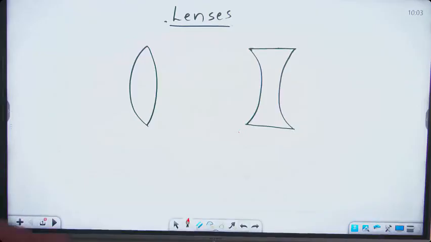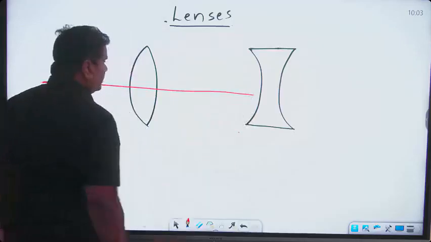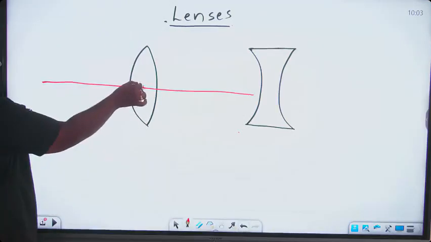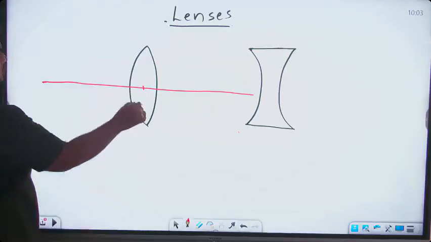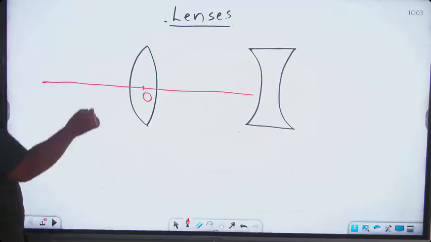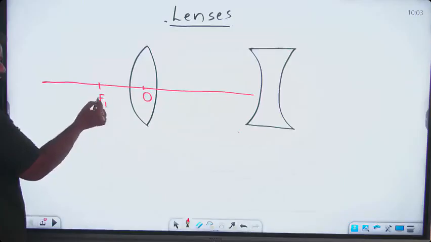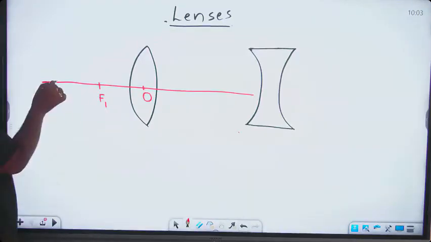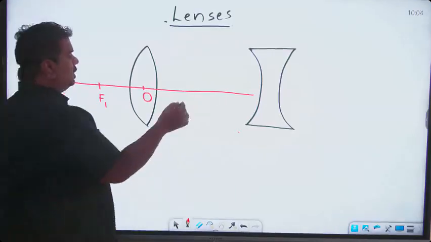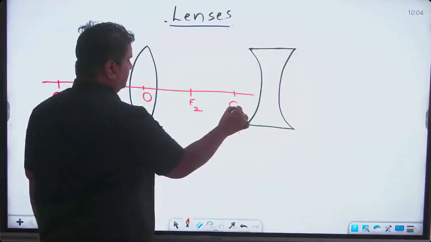Now, in the convex lens, the midpoint here is known as the optic center, the point O. This point towards the left side is known as F1, and this point is known as C1. Likewise, on the other side we have F2 and C2.